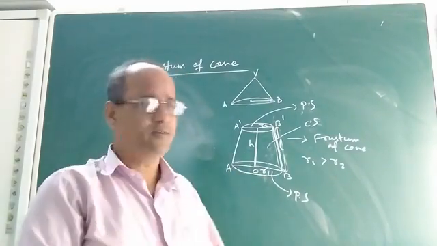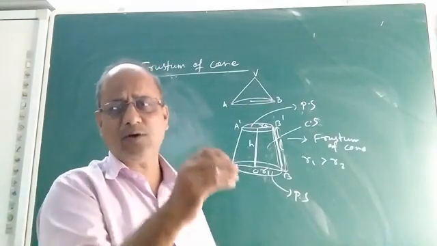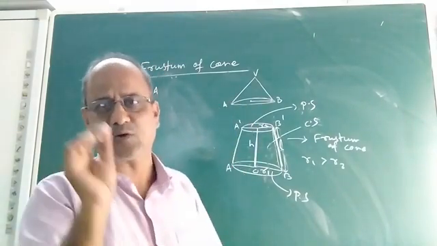In case of a frustum of cone, that r will be replaced by r1 plus r2.